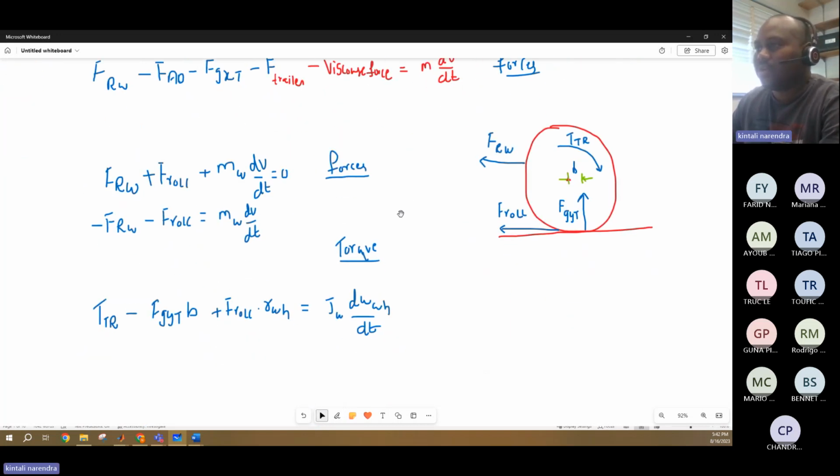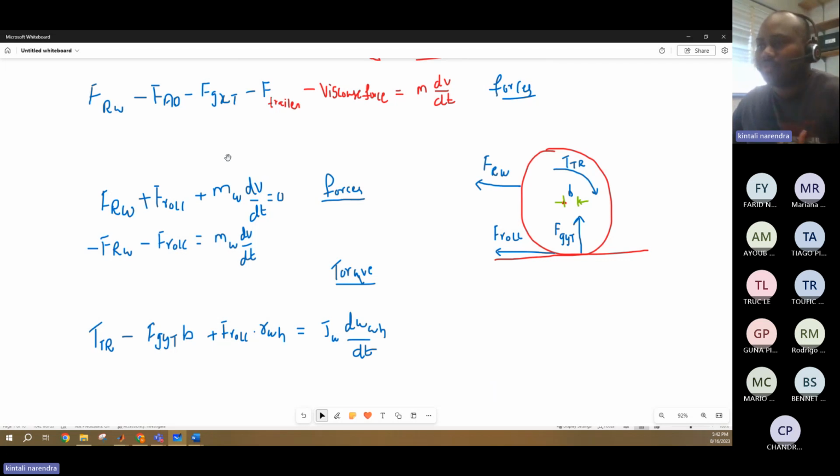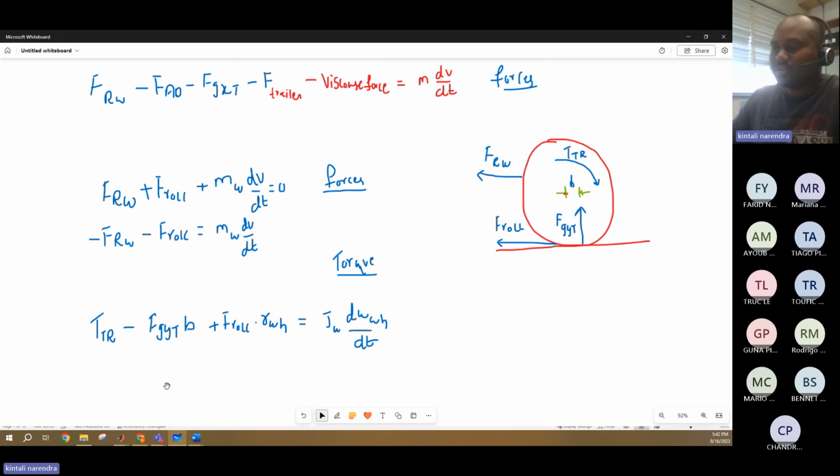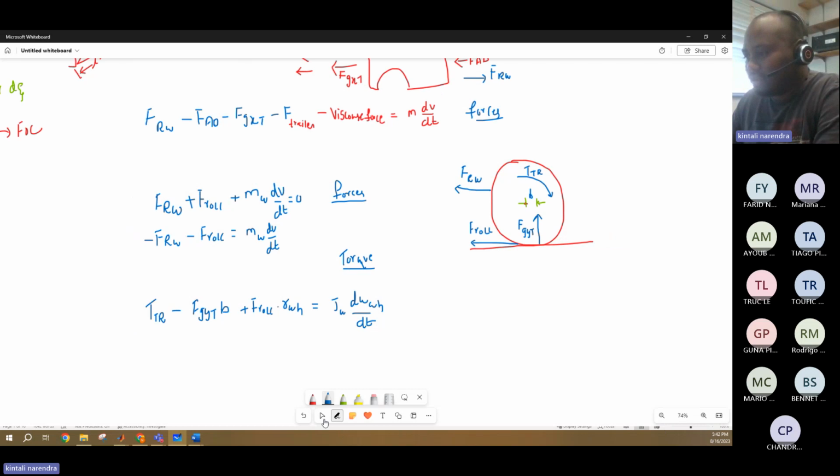Now these three equations we need to simplify in order to find the final equation. Here this torque I can convert into force by dividing it by RWH.